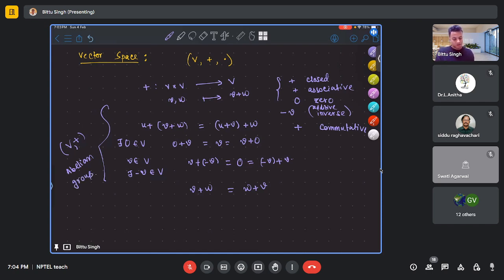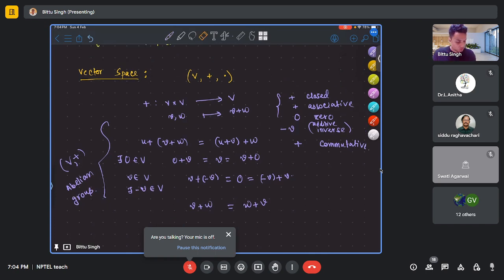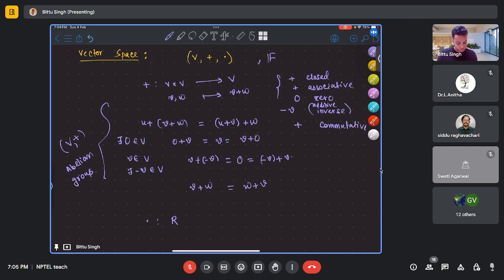There is another operation, multiplication. Multiplication operates in this way. There exists a field. Suppose F is the field on which V is defined. A vector space is a structure defined over a field. Then we can multiply.